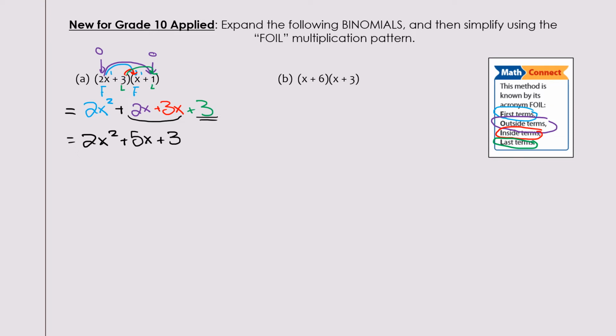Let's try another one. Again, this is a binomial. It's got 2 terms in it, and so is x plus 3, also a binomial. So we're multiplying binomials together, and we multiply the first term by both numbers over here, and then we multiply the second term by both numbers over here.